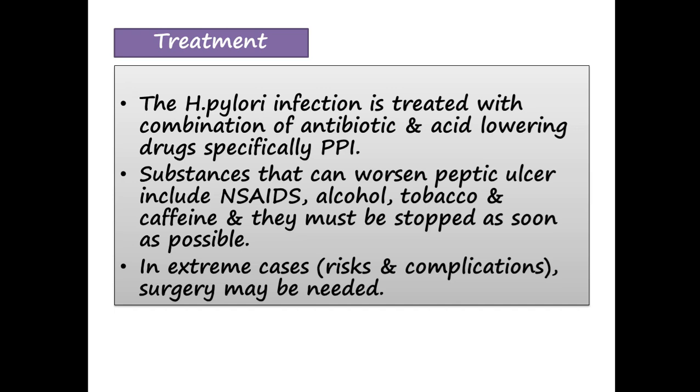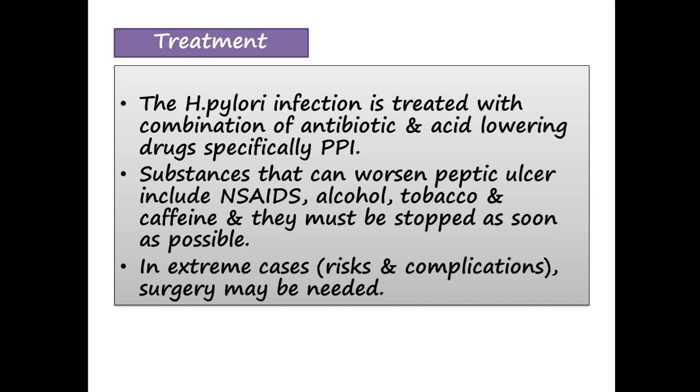Fortunately, various combinations of antibiotics and acid lowering drugs, particularly proton pump inhibitors, are available as short courses, and we can treat H. pylori gastritis and peptic ulcer disease with these medicines.